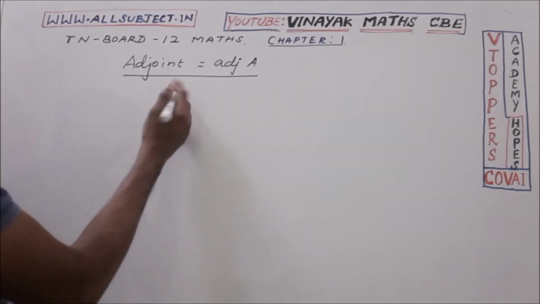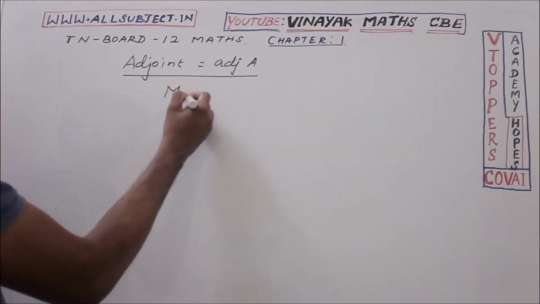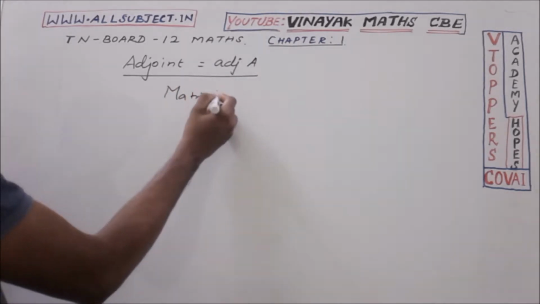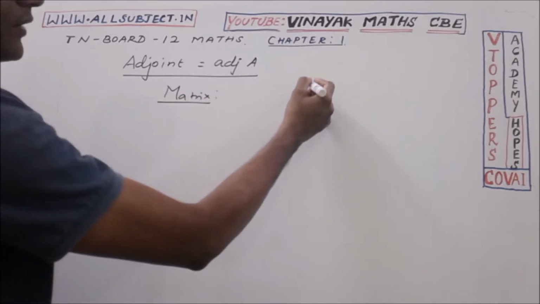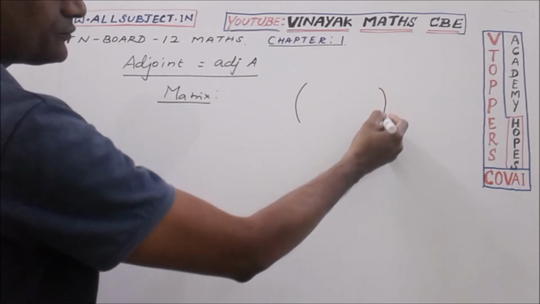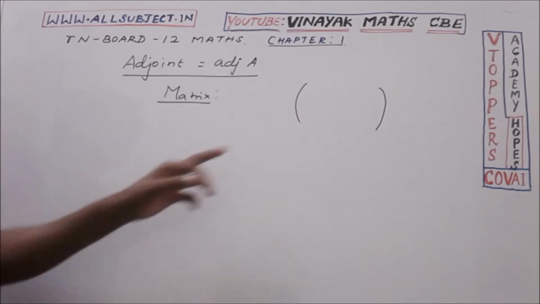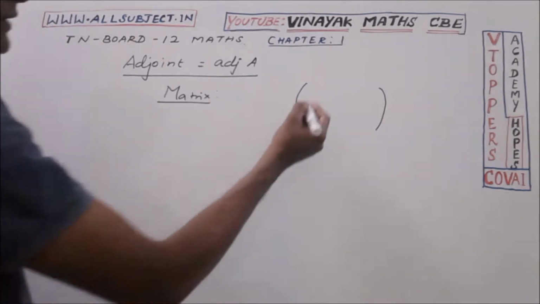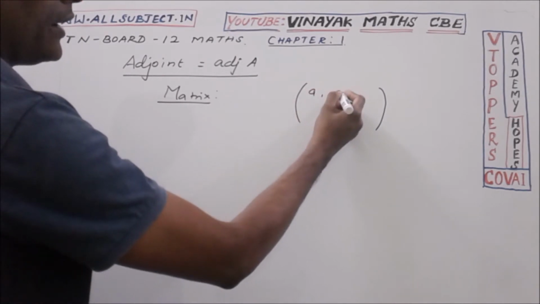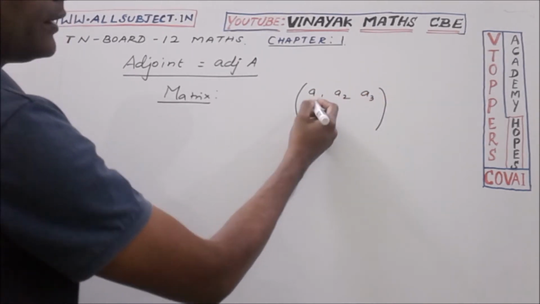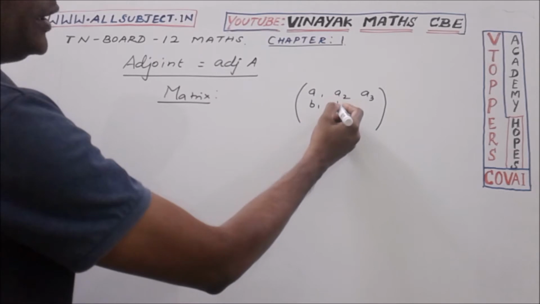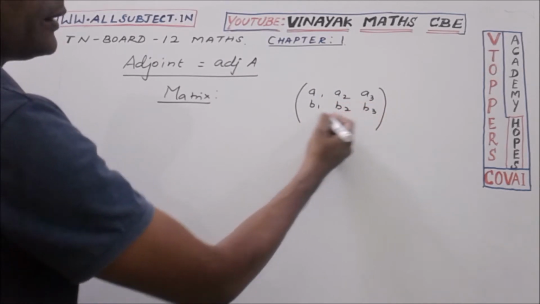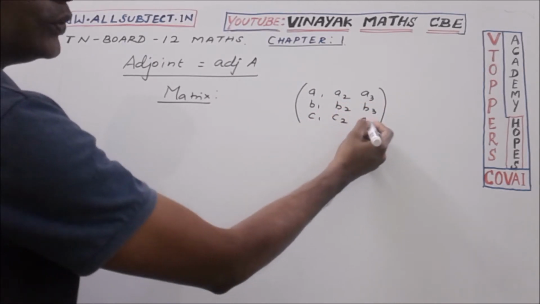A matrix is a rectangular arrangement of numbers, arranged in row column base. For example, A1, A2, A3, B1, B2, B3, C1, C2, C3.